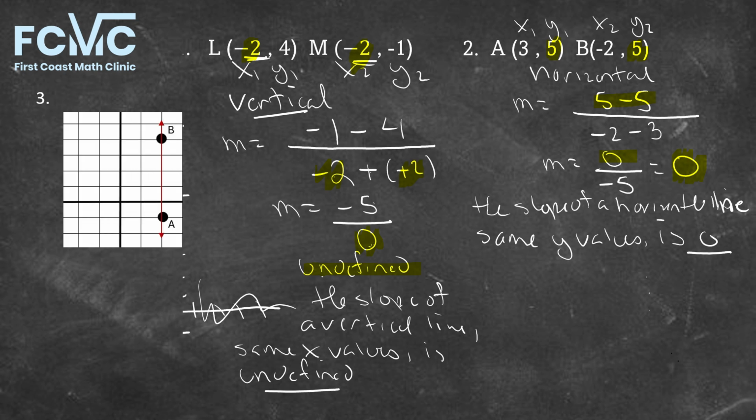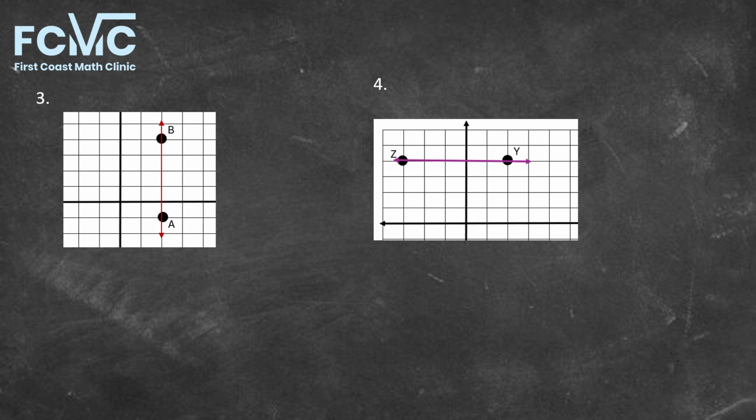All right, let's do 2 more examples. For number 3, we've got line AB here, and we notice this is a vertical line. So based on our previous examples, we know that for a vertical line, the slope should be undefined here. So let's just prove that it's undefined. Our points are 2, -1 for A, and 2, 4 for B. So this will be my x1, y1, x2, y2.